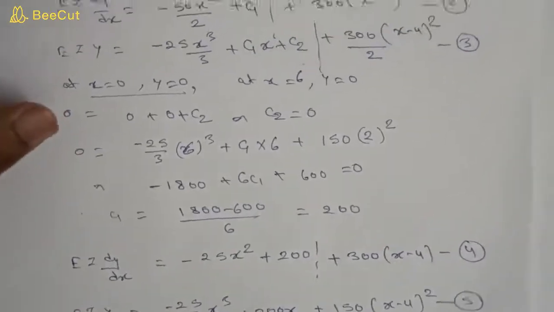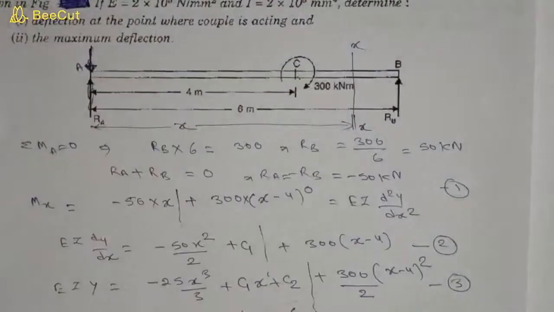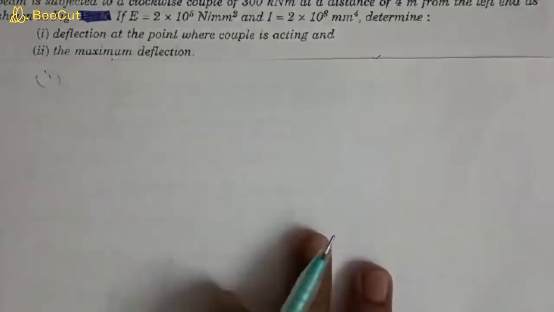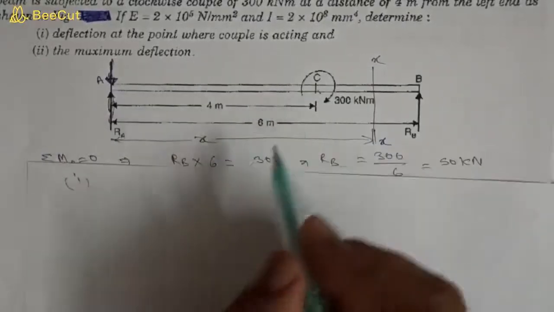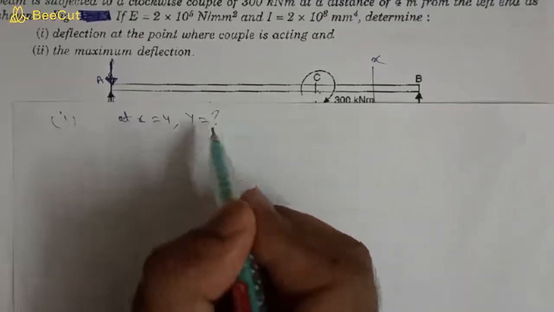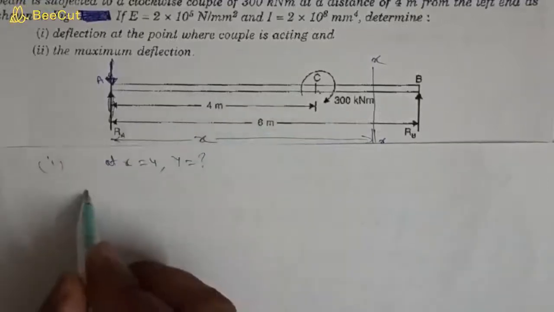So what we have to find? We have to find the deflection at the point where the couple is acting. So the couple is acting at 4 meter. So at x is equal to 4, y is equal to what? So x is equal to 4 is in the first section, so we will consider only the first section.